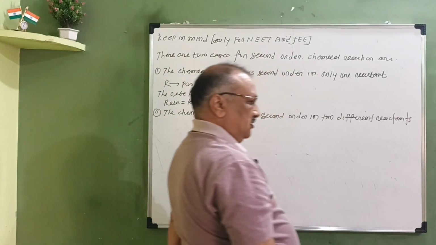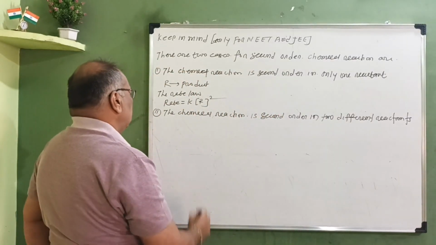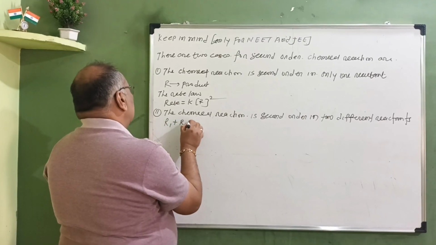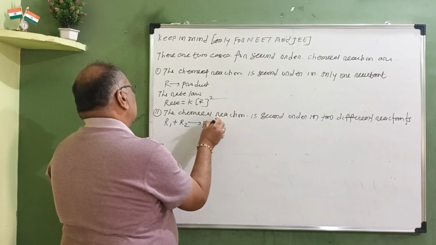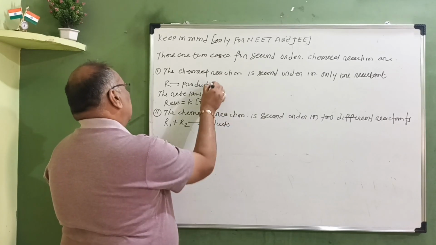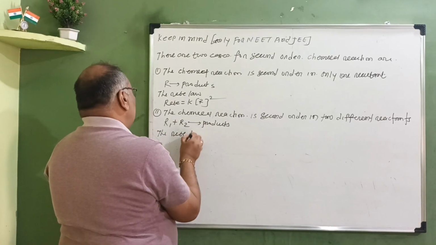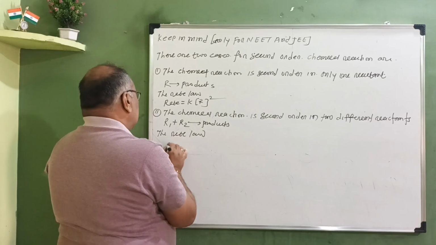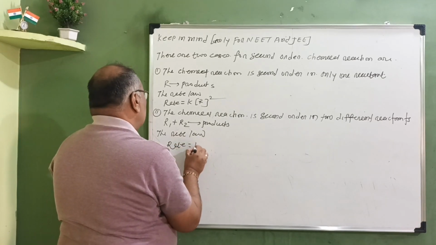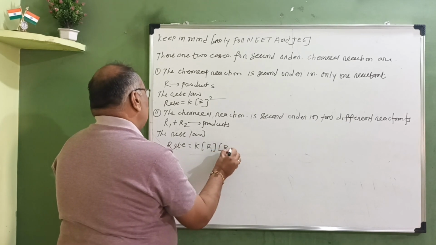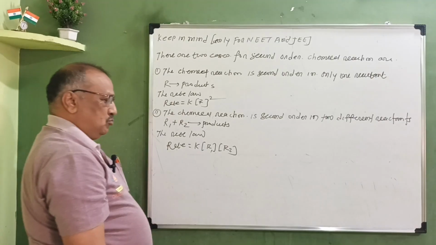That is, here I write R1 plus R2 gives products. Here the rate law, that is rate is equal to K into concentration of R1 into concentration of R2.